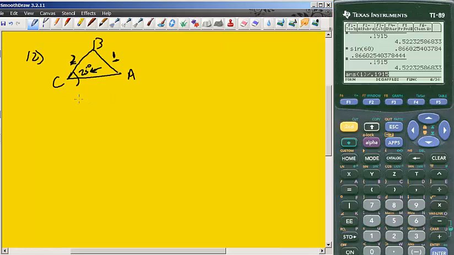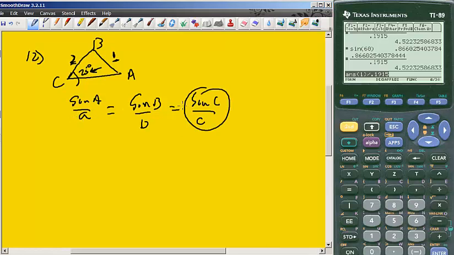All right, so we're going to use sine of A is to A is equal to sine of B is to B, and that's equal to sine of C is to C. So we know this right now, which is sine of 25 degrees is to 1 is equal to, we know side A, so that'll be sine of angle A is to side A. Alright, let's go find sine of 25 degrees.